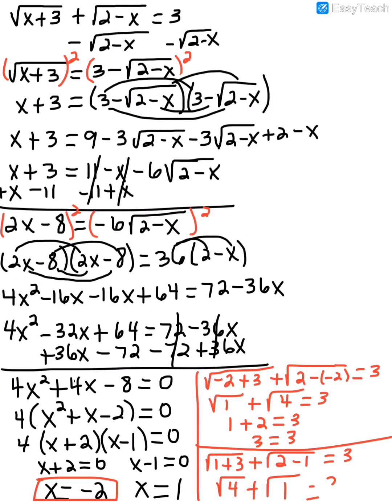The square root of 4 is 2, the square root of 1 is 1, and that gives me 3. So that works also. So 1 is also a solution to my equation. But remember, in radical equations, a lot of times we'll have extraneous solutions, so it's important that you check both possible answers to see whether or not they are extraneous.